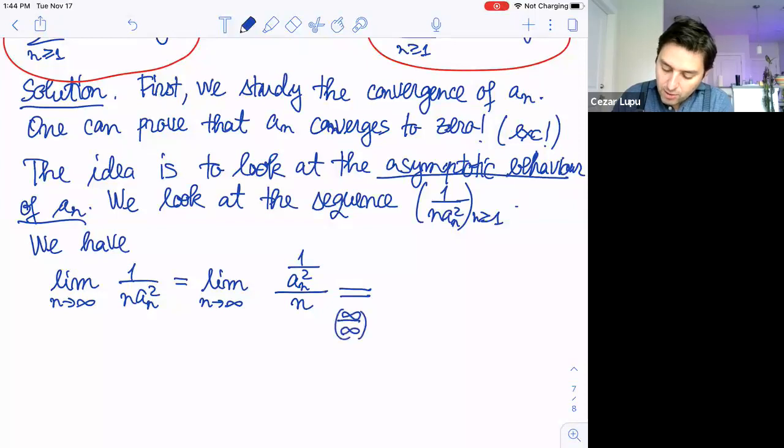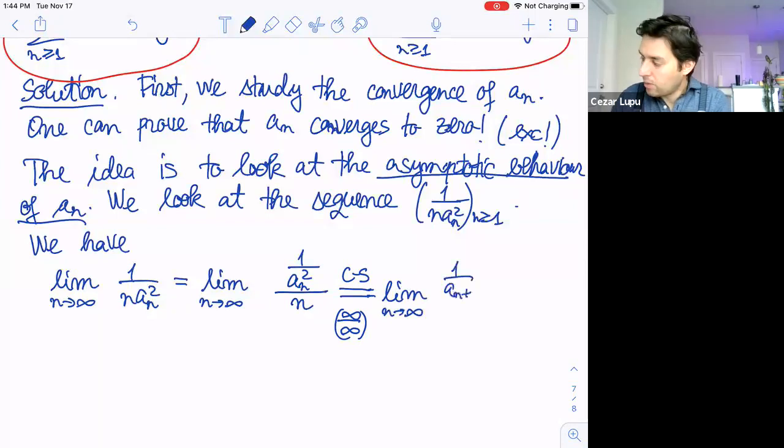And now I can apply the Cesàro-Stolz. And this will be the limit as n approaches infinity of 1 over a_{n+1} squared minus 1 over a_n squared, everything over n plus 1 minus n.